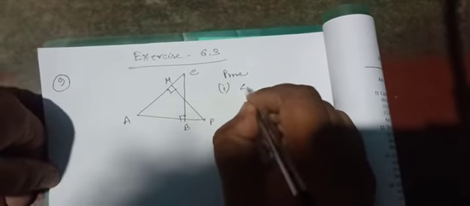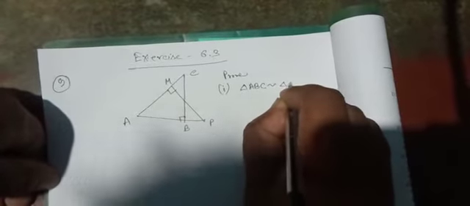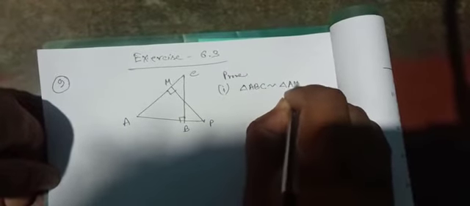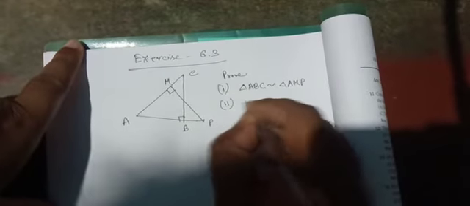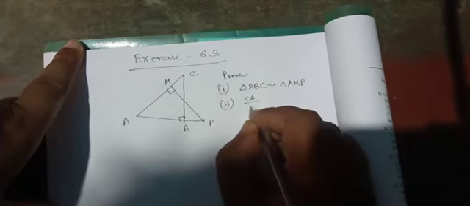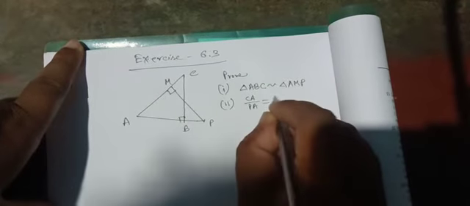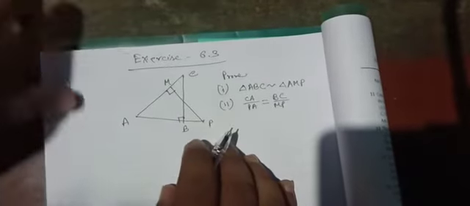We have to prove: first, triangle ABC is similar to triangle AMP. Second, CA by PA equals BC by MP. So here comes the solution.